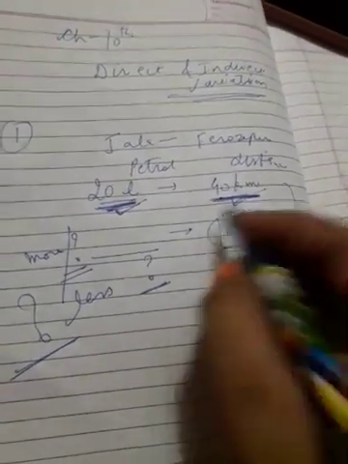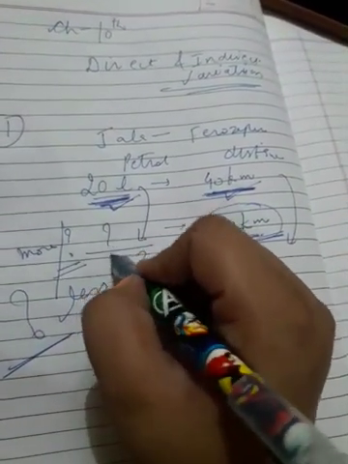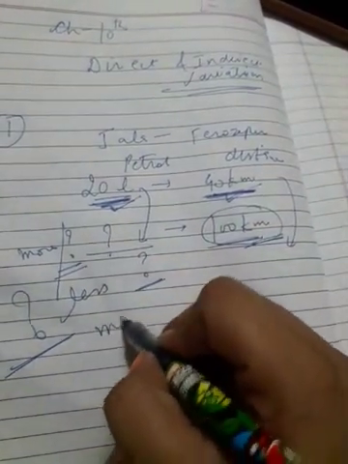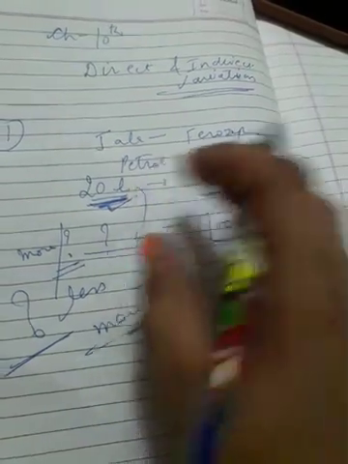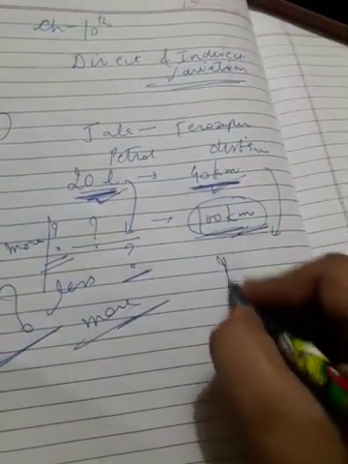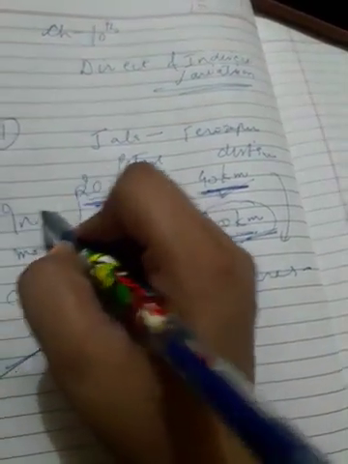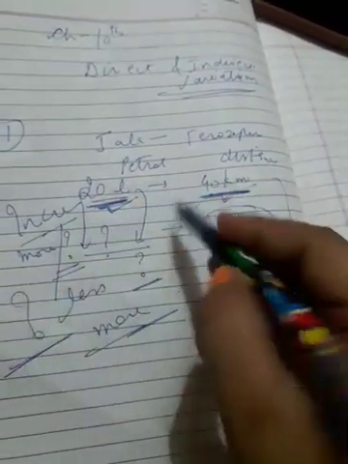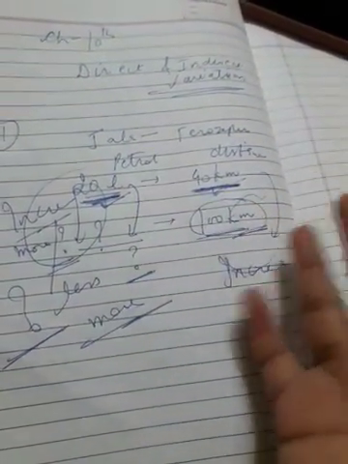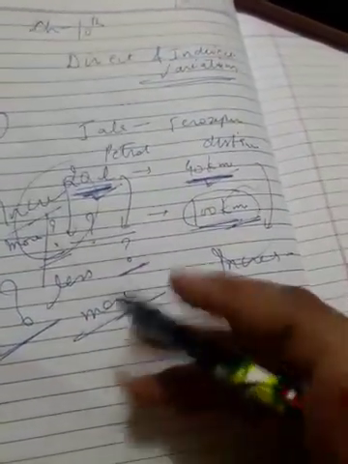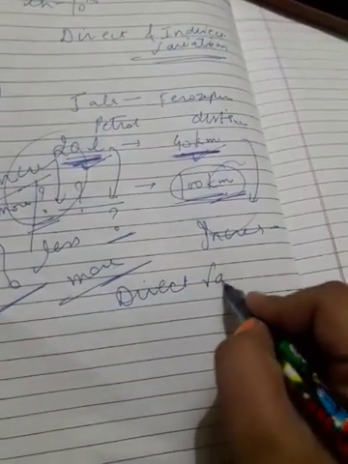Distance is more, means petrol needed will be more. Both sides increase: distance increased, petrol quantity also increased. Either both sides increase or both sides decrease, then we can say this is direct variation.